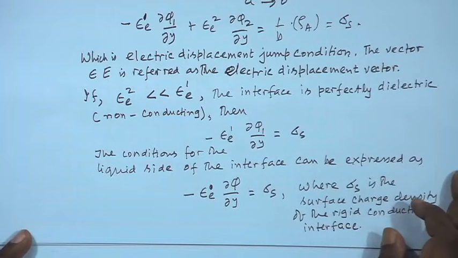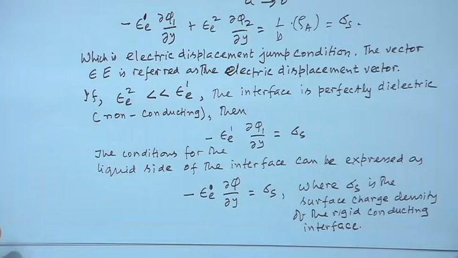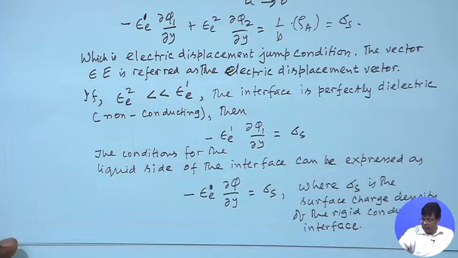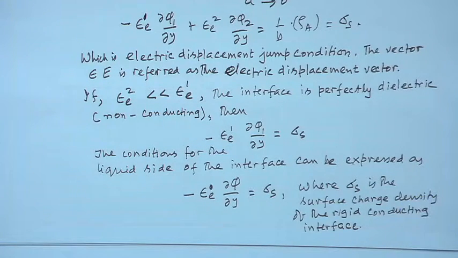So, this is the way we can express the condition if we know the interface surface charge density, instead of the electric potential.